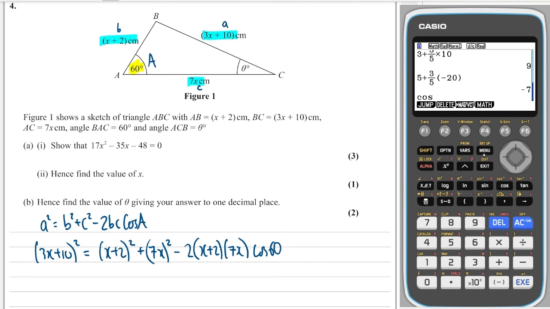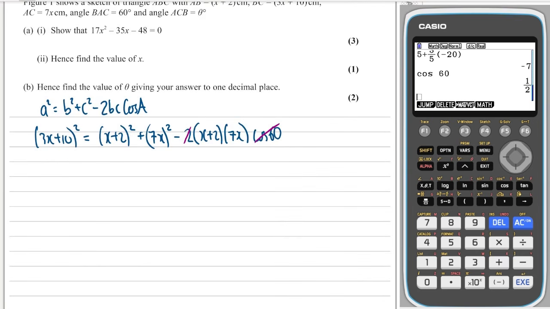Non-conveniently, I'm in radian mode. Okay, I'm out of radian mode, and I'm showing you there that cosine of 60 is a half. So that's going to cancel nice and neatly with the times 2 here. And then I guess it's just an exercise in expanding.